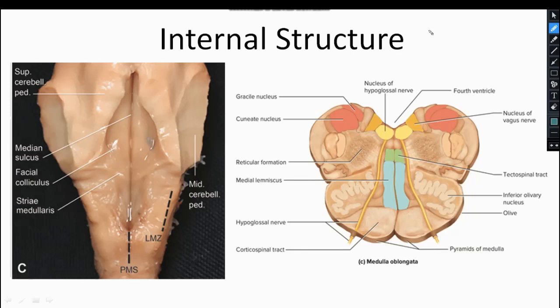So it is very difficult to isolate each and every part simply by dissection. So we use the technique of taking a transverse section at different levels and staining with neurological stains.